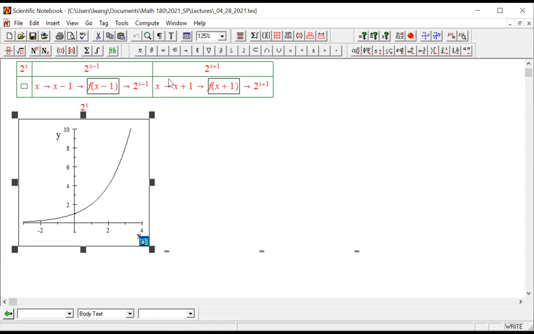Shifted to the right by how many units? By 1 unit. And 2 to the power x plus 1 goes to the left by 1 unit.